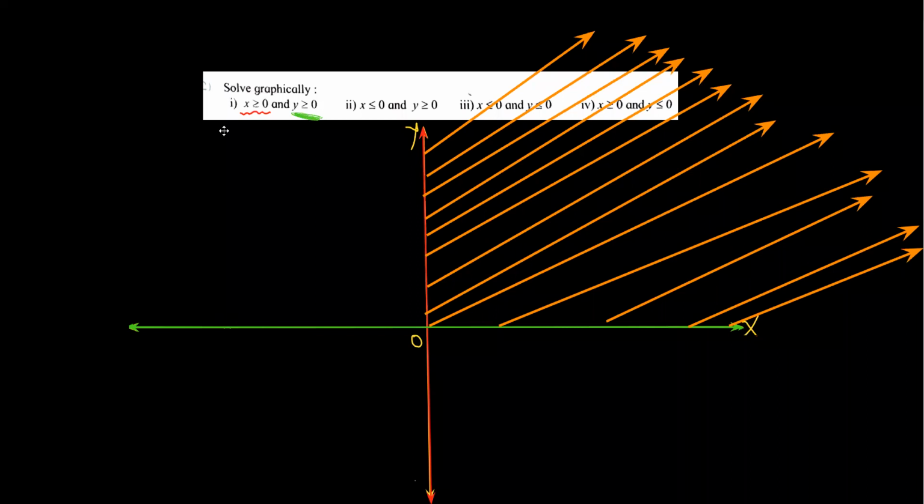I hope you all followed it. So students, as I solved the first problem for you, the remaining second, third, and fourth you can do on your own.